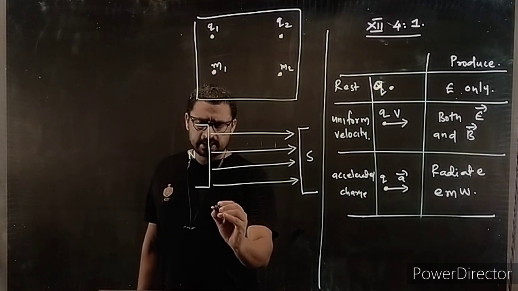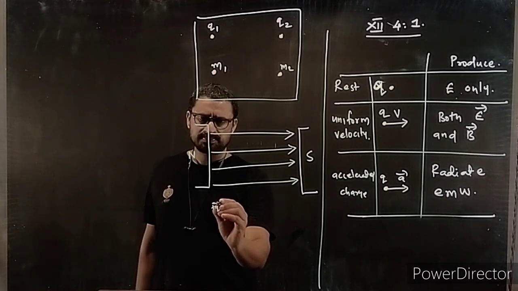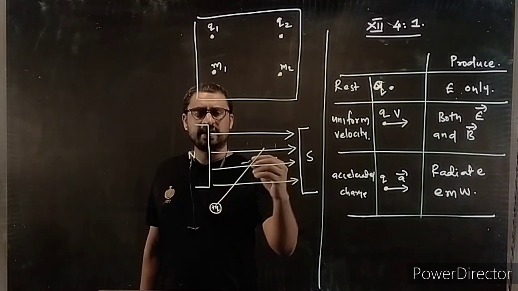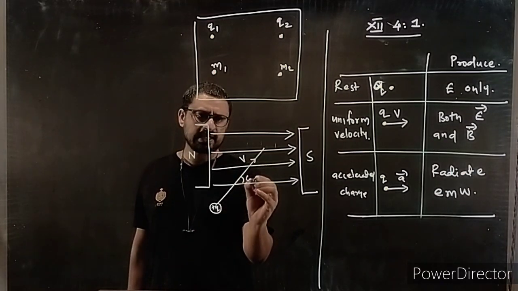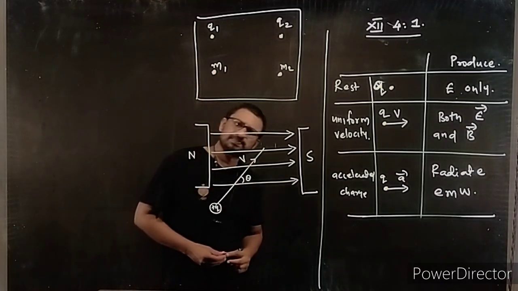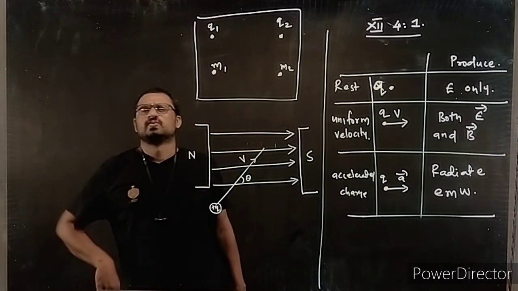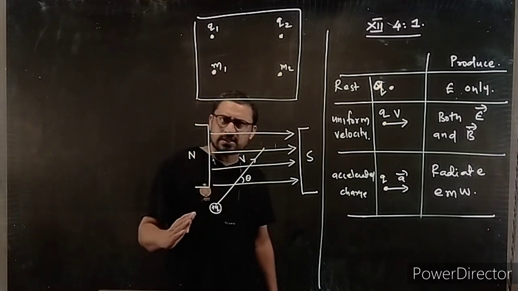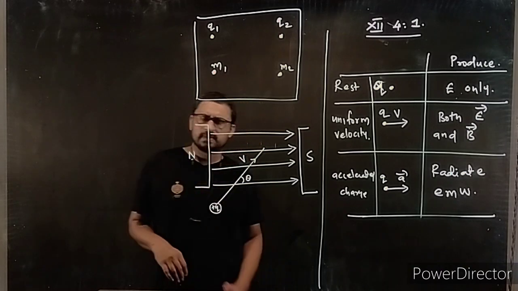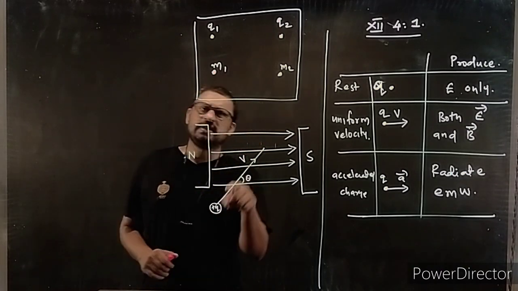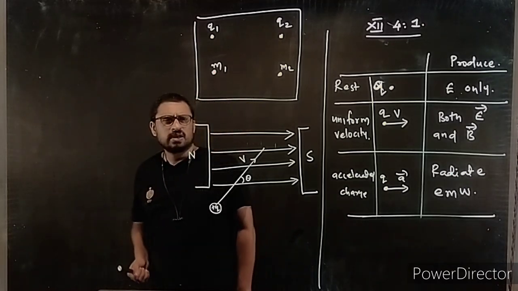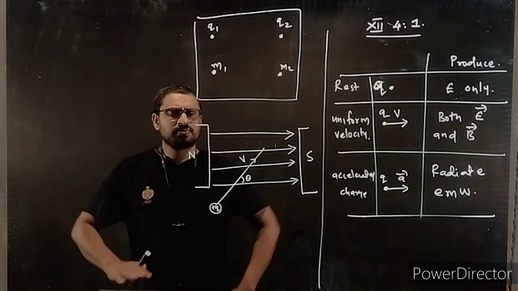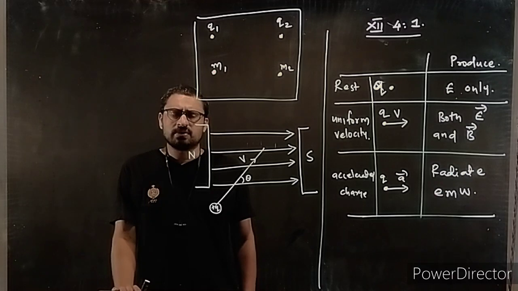Now imagine a positive charge entering this field region with a velocity v making an angle theta with the field. What happens now?